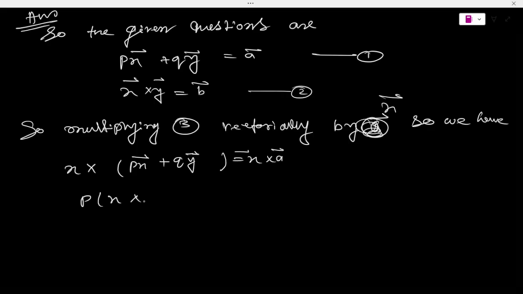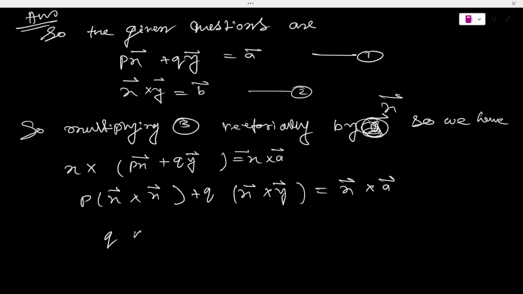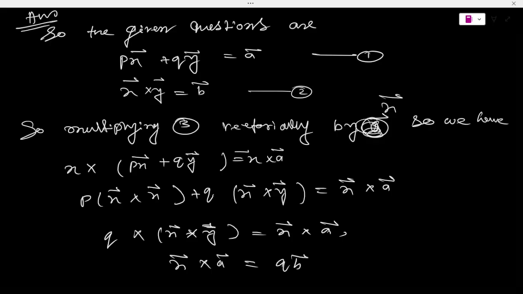So p of x cross x, okay, it will be plus q into x cross of y, so x vector cross of a vector. So x vector cross of a vector is equal to q of b vector.